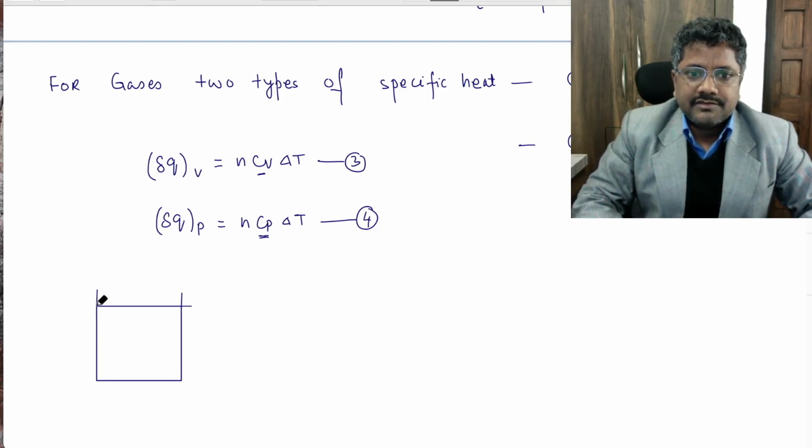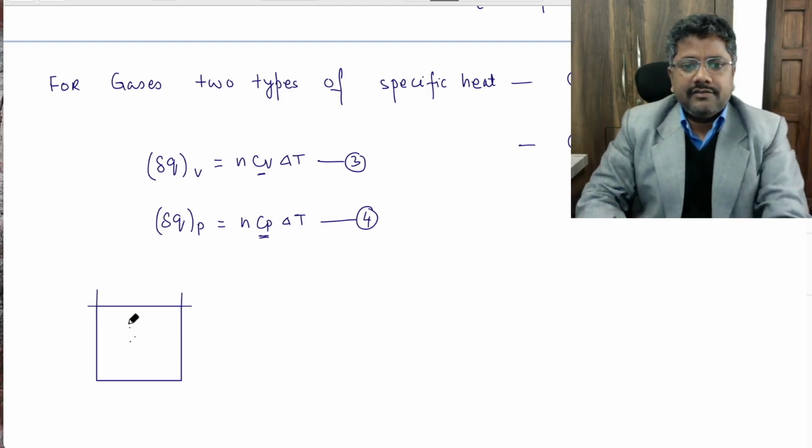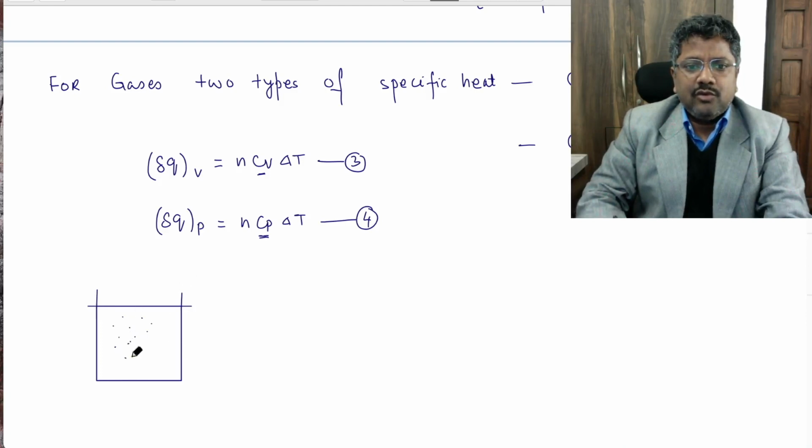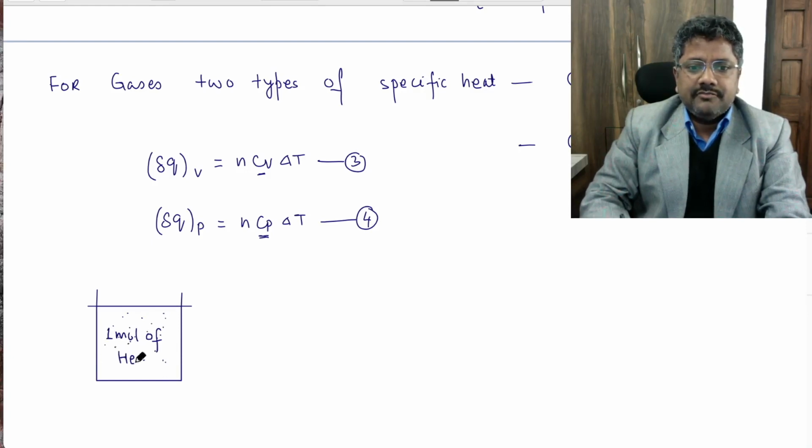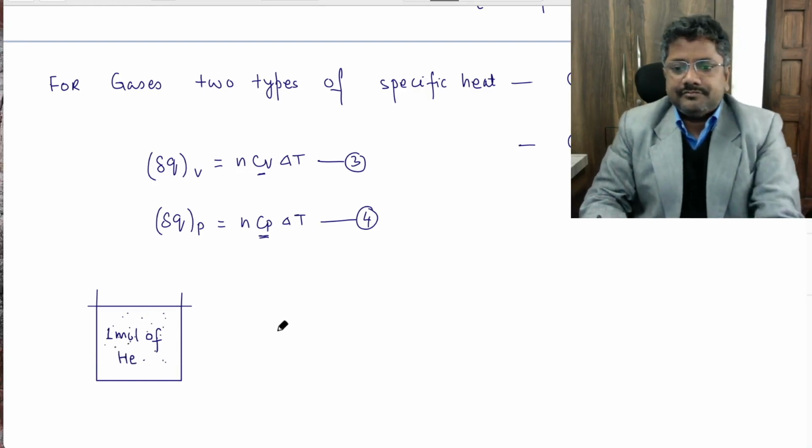Volume is fixed, right? And we have taken 1 mole of gas. Suppose that we have taken helium, right?